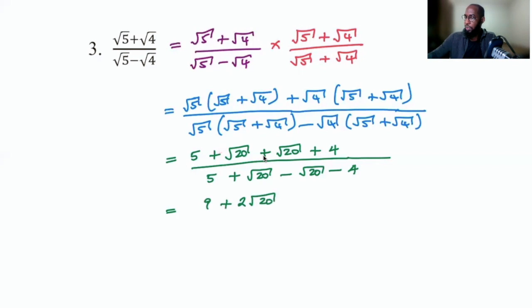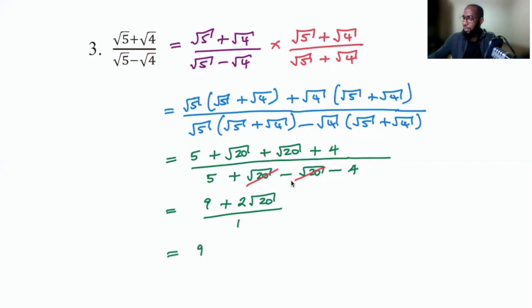Bear that in mind. All right, all over, these two terms will cancel out. 5 minus 4 is equal to 1.